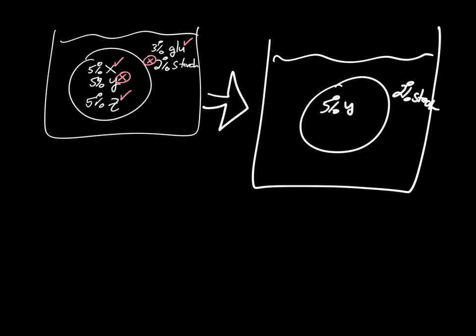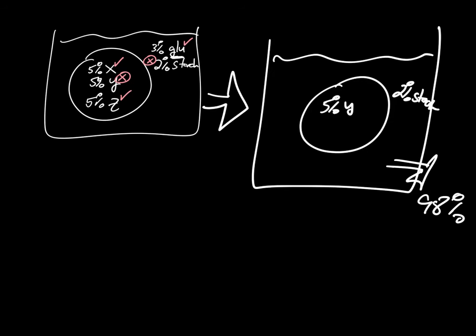The rest of this I can consider water, right? So water outside, what's the percent water outside? 98. 98% outside. It's not, right? It's not 98%, because remember, you still have glucose outside, you still have some X, you still have some Z, right? But I'm not going to worry about that.